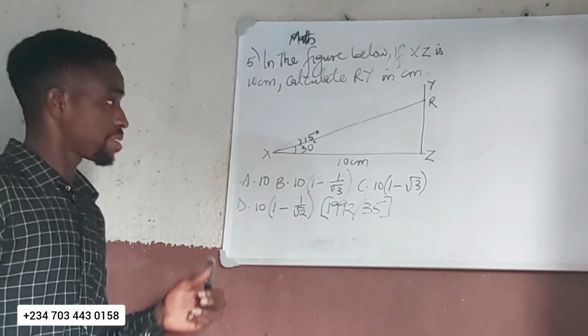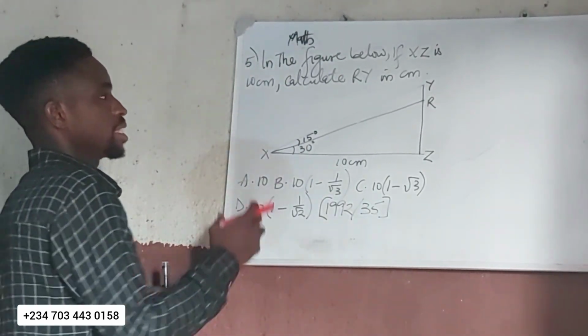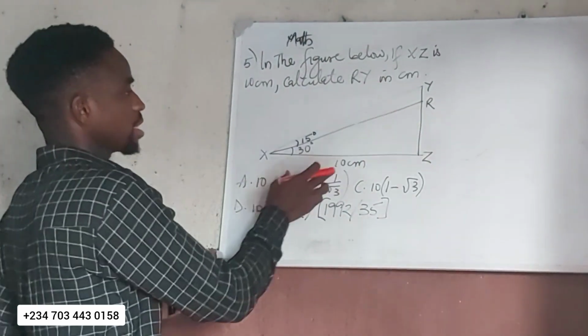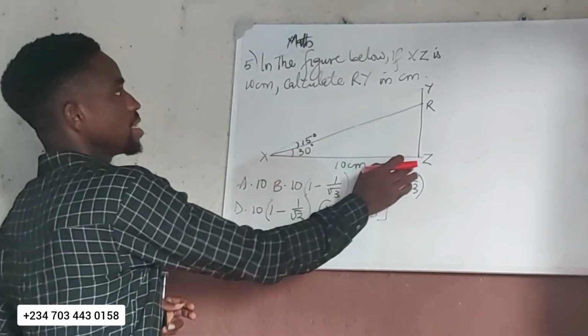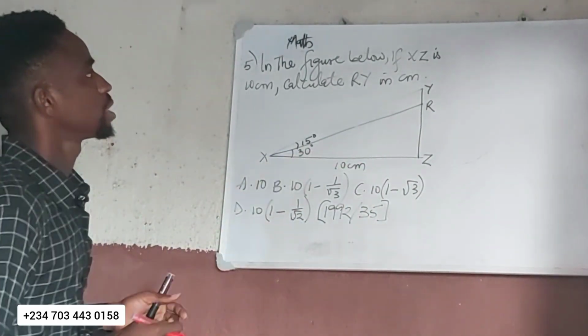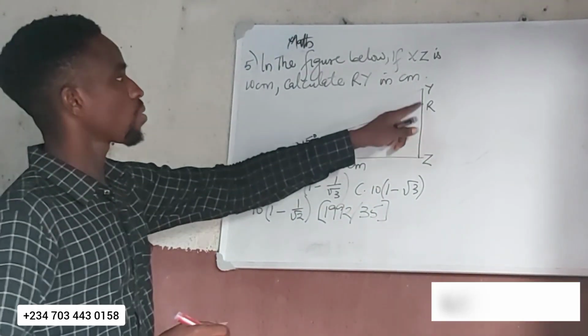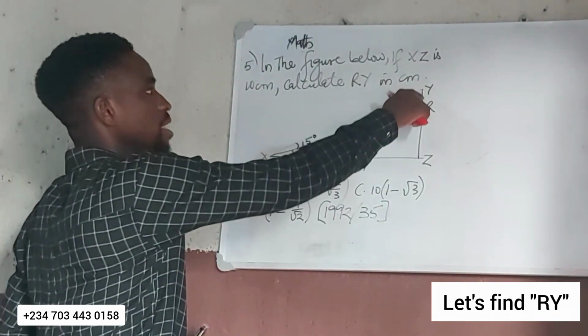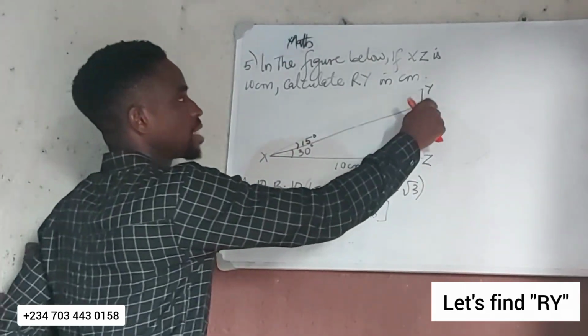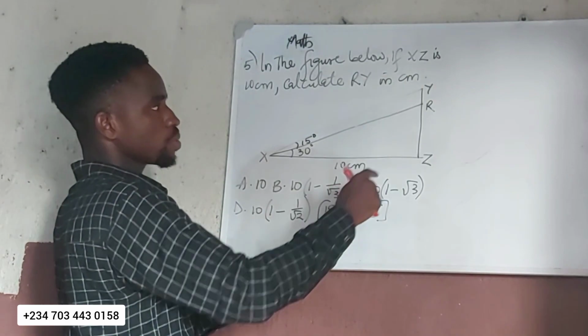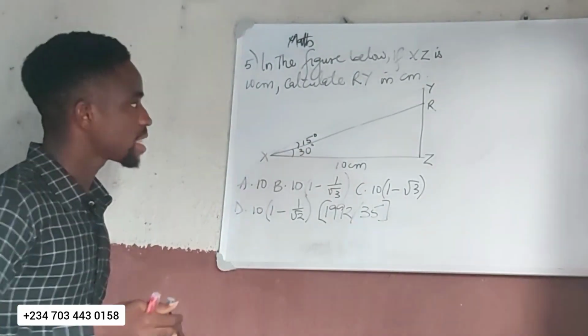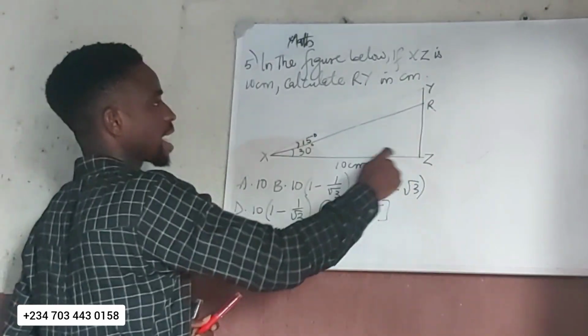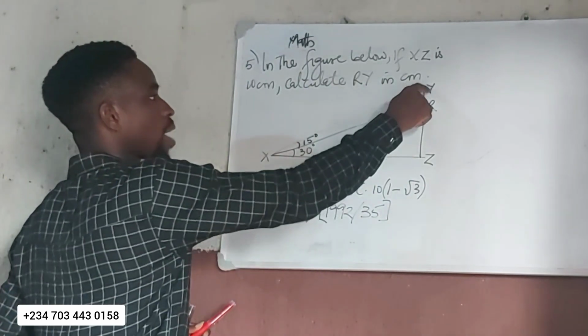Question number 5. We are given that XC is 10 cm, and we are looking for RY. RY, that's from here to here. Now we have to recognize one fact. This is a right angle triangle. That's XYZ.